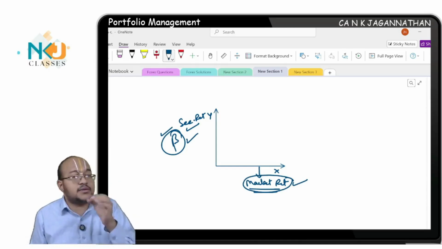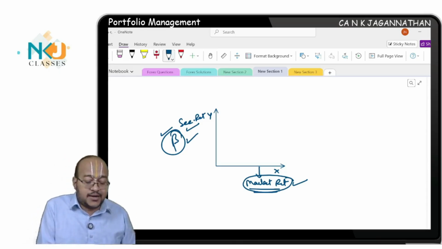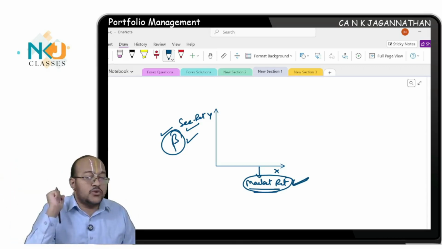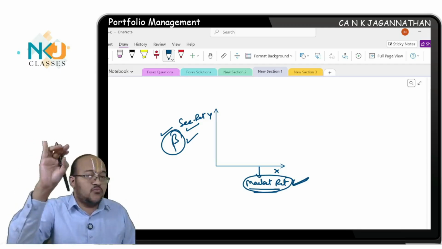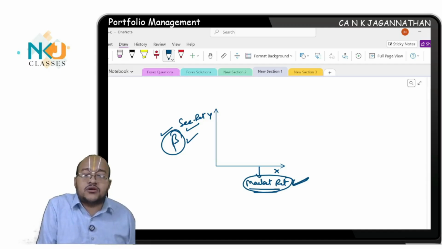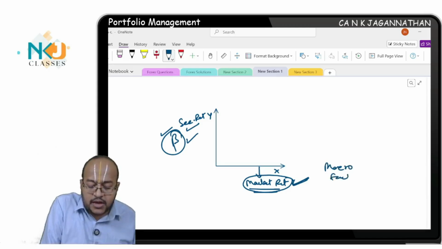But what APT says here, the important observation, is that the market index cannot be solely treated as the influencing factor. Why? Because really speaking, the influencing factor is not the market index, the Sensex or Nifty; it is really the macroeconomic factors.